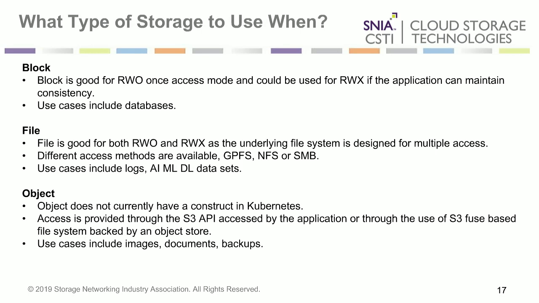But there is a FUSE-based file system out there that allows you to essentially mount an object store as a file system to access that object store. General use cases are going to be images, documents, backups, things where object really shines.